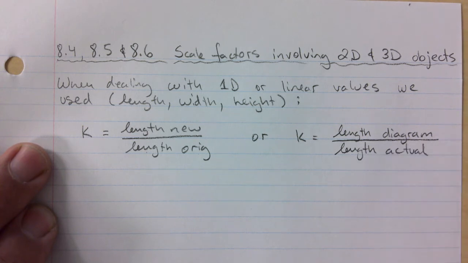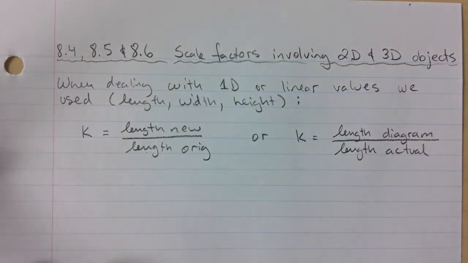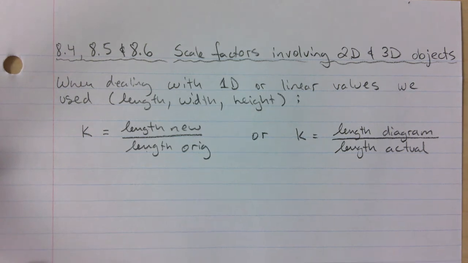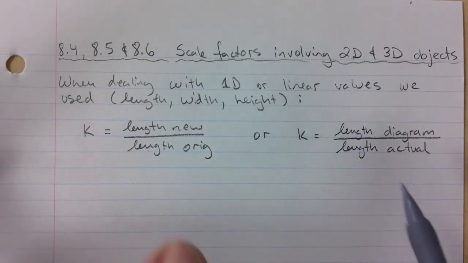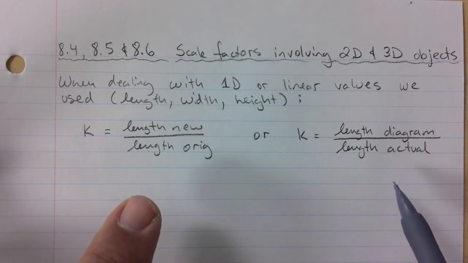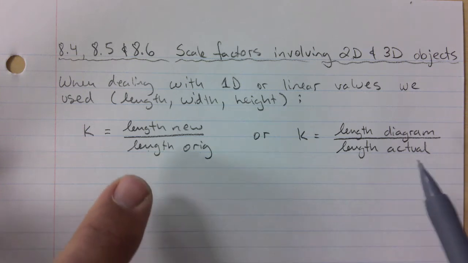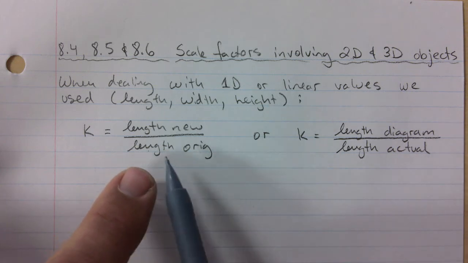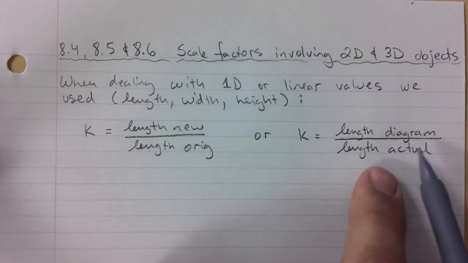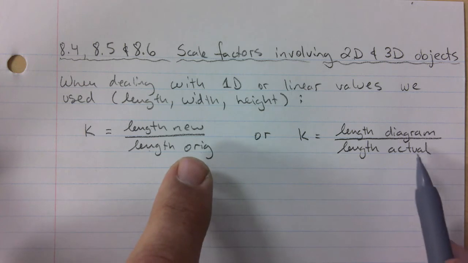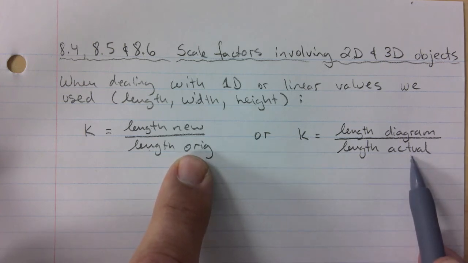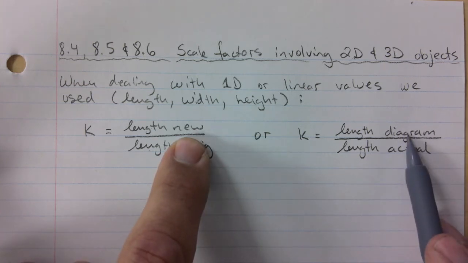And the question has been asked, are they both the same? In essence, yes, they are the same. It's just that sometimes it's better to use this language as opposed to that language. The original can also be called the actual, and the new can be called the diagram.